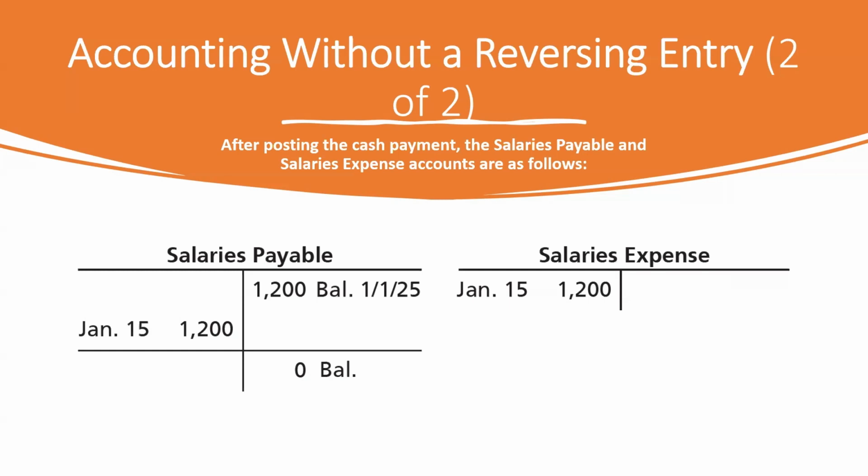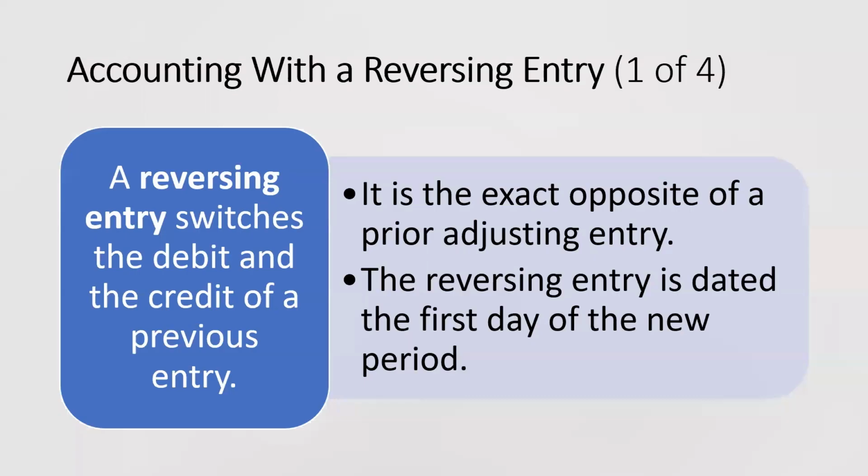After posting the cash payment, the salaries payable and salaries expense accounts are what you see here. Salaries payable has a $1,200 credit on December 31st and a debit of that same amount on January 15th, whereas salaries payable has a zero balance. And now there's a debit of $1,200 on January 15th to salaries expense.